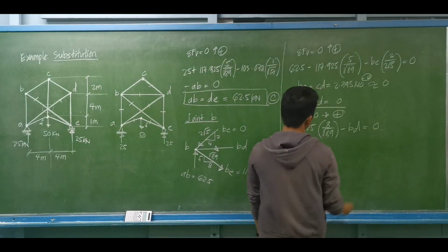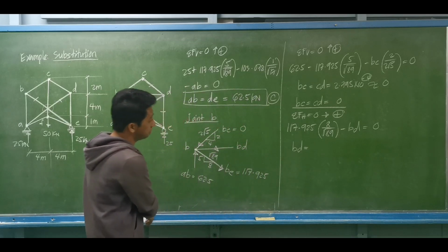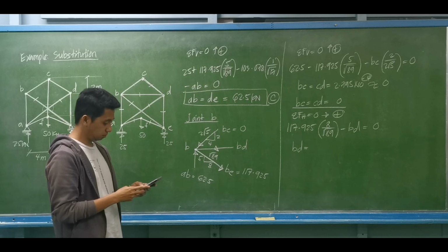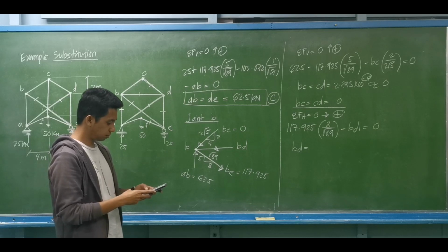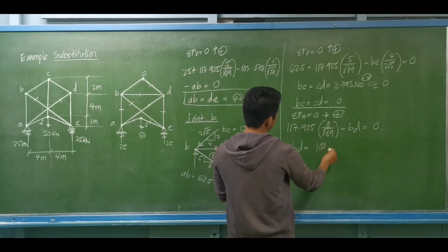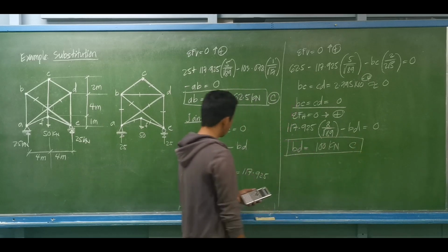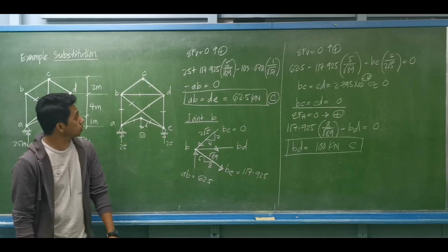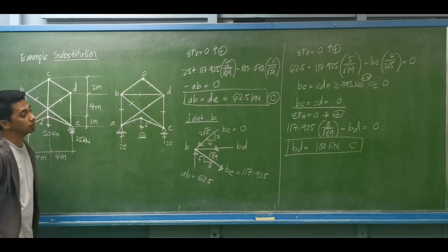And it's equal to 0. So we'll be having the member BD. Actually, BD is our substitute member. So we assume this is 100 kilonewtons and it is under compression. Again, why is it under compression? The assumed direction is correct, towards the joint. So those are the bar forces due to the actual load, 50 kilonewtons.